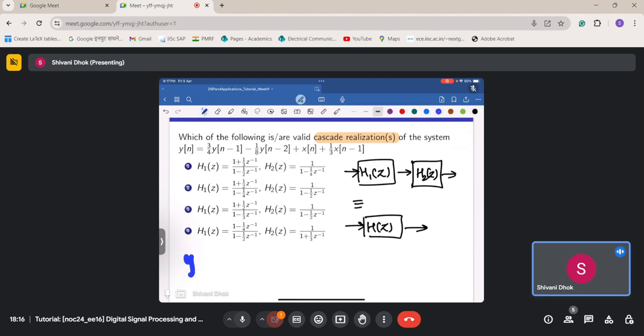Okay, so the system that is given to us is y of n equal to 3 by 4 y of n minus 1 minus 1 by 8 y of n minus 2 plus x of n plus 1 by 3 x of n minus 1.